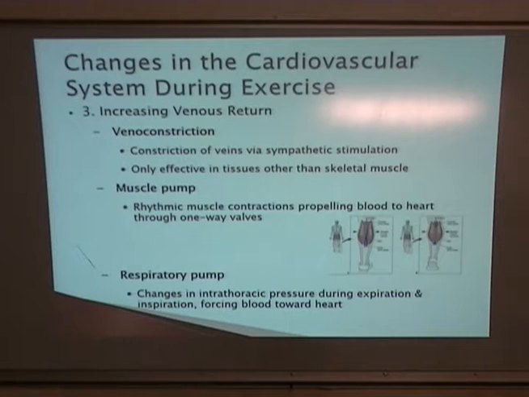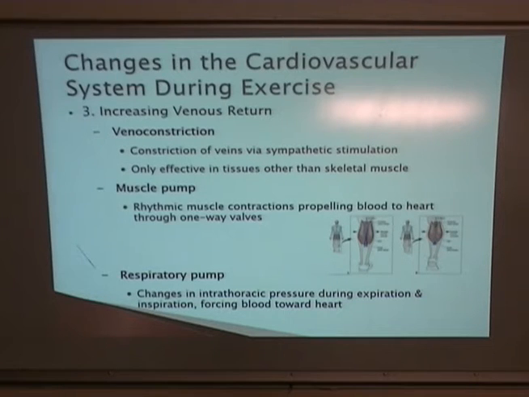Venoconstriction is also under sympathetic stimulation, and now we're constricting the veins, right? Not in the skeletal muscle, but everywhere else in the body, in inactive areas of the body when we're exercising.